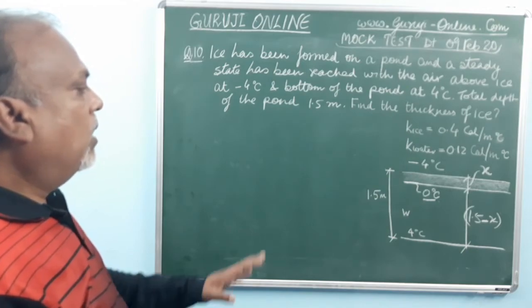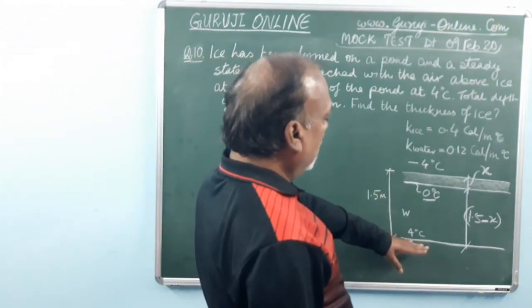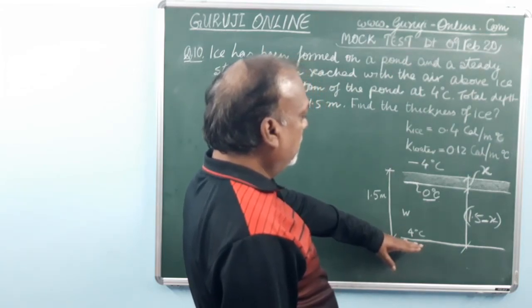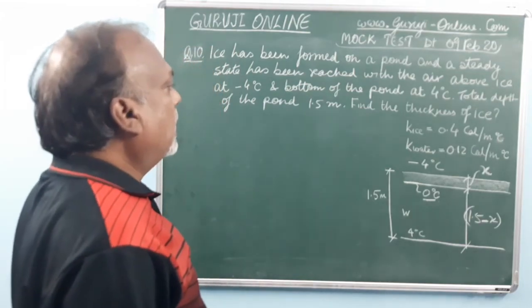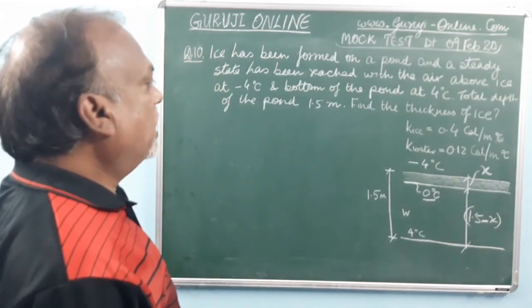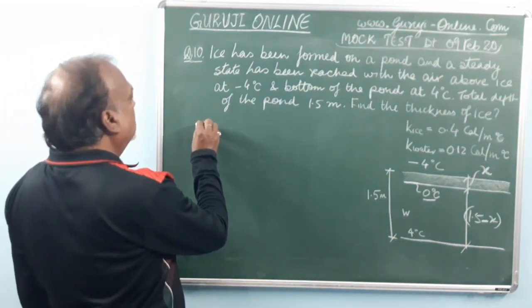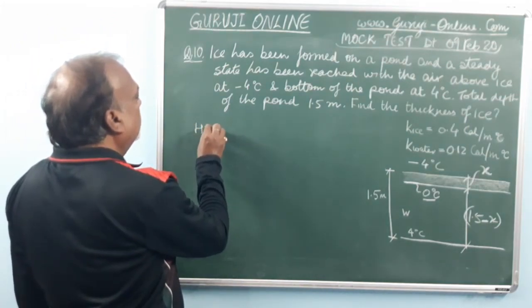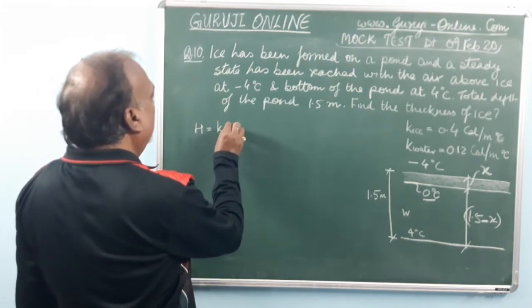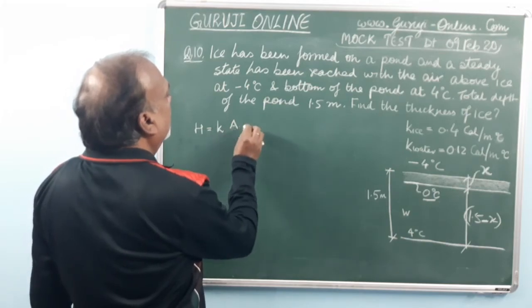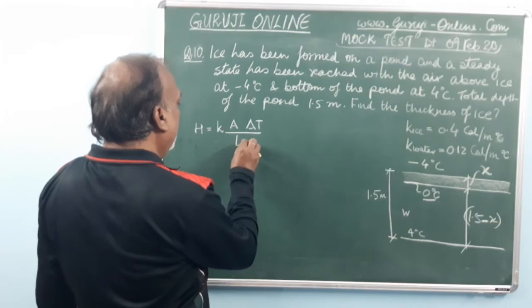Since you know the transfer of heat due to conduction, the rate of transfer remains same. So we can write H is equal to K A delta T upon L.